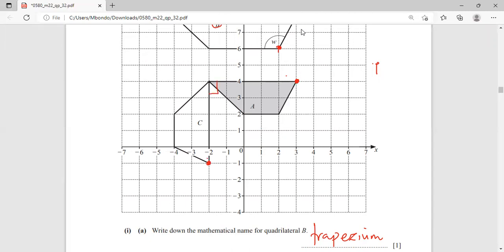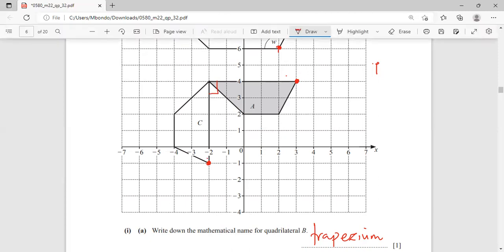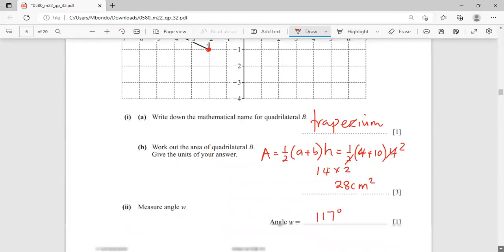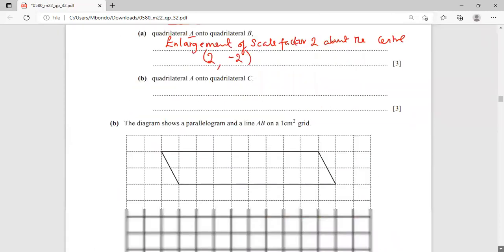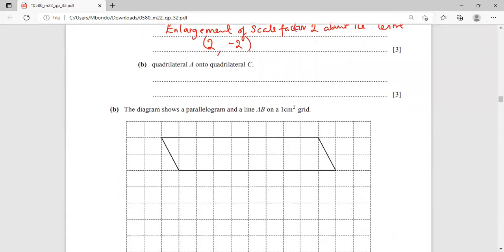So we are going to say this is a rotation in a clockwise direction, 90 degrees, about the center.